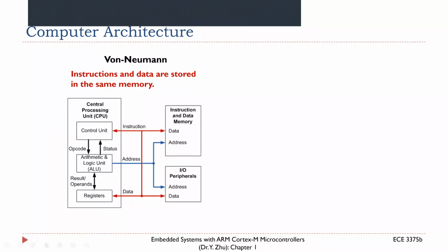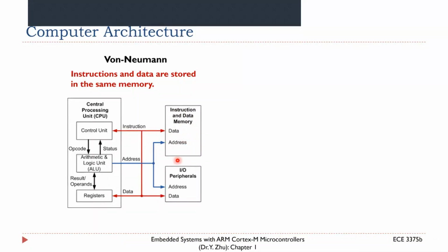Okay, so let me talk about the outside. As I mentioned before, the von Neumann architecture has one memory for both instruction and data. The memory has an address which refers to a specific location of the memory, and the data is what is stored in that location. For the von Neumann, both instruction and data are the same.